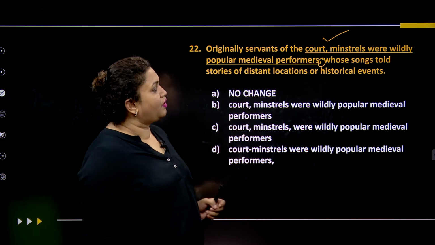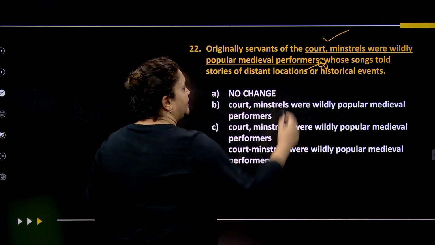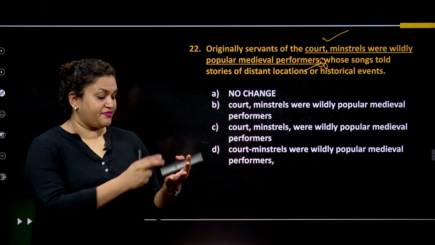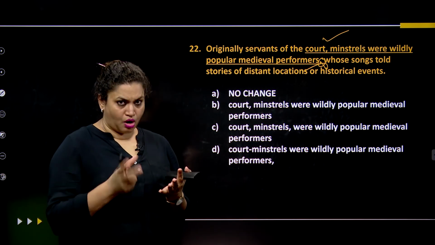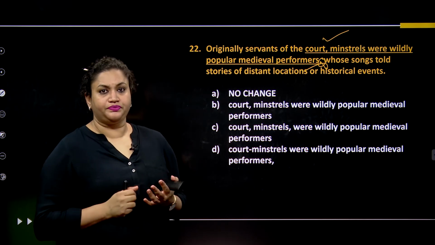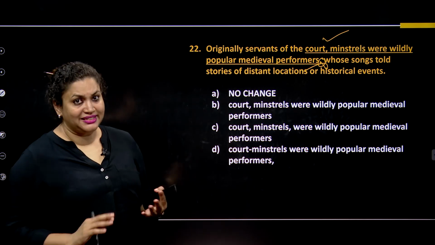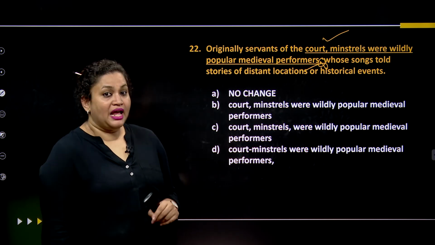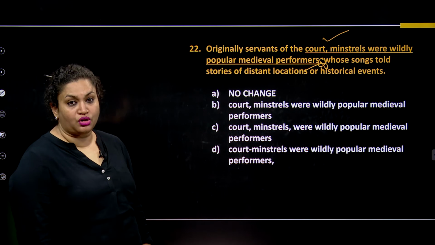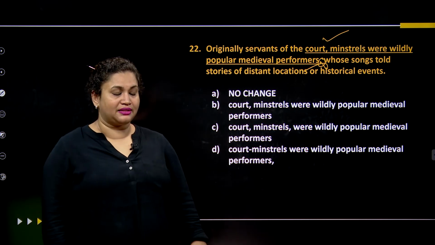Clear? Therefore, a comma here is not needed. We have always said Harriet, comma, a 9th grade student, comma, went to court. Now, if I remove a 9th grade student, I still can say Harriet went to court, right? Originally servants of the court, imagine a sentence being said like this.